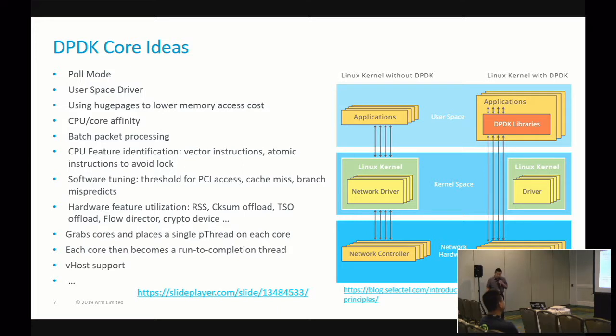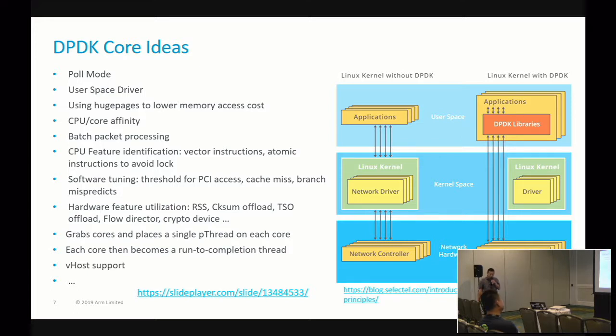The DPDK core idea here is to use poll mode drivers and user space drivers, and to bypass the kernel processing. To improve the performance, a lot of techniques have been used, such as huge pages to lower memory access cost, and CPU core affinity to bind to a certain CPU to do the run-to-completion model, and batch packet processing.